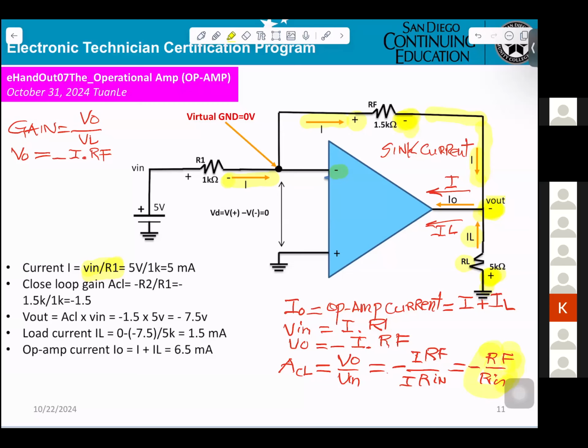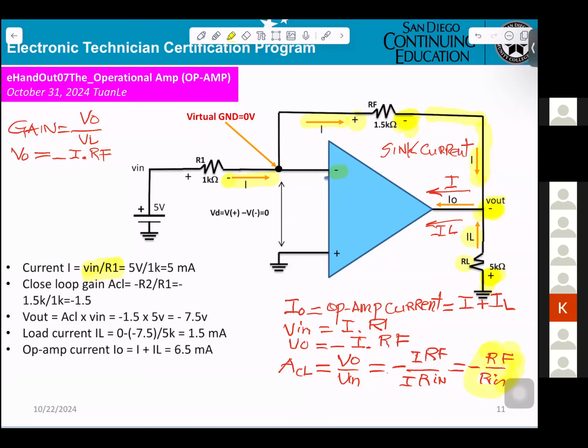Also, you have to know RF is called a feedback resistor. It connects from the output back to the input of the op-amp. The output current of the op-amp, IO, will be equal to the total current I and IL.